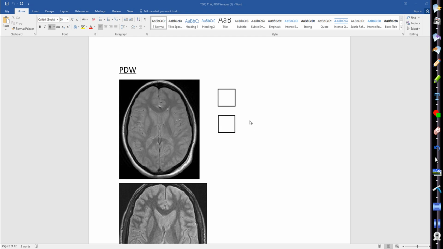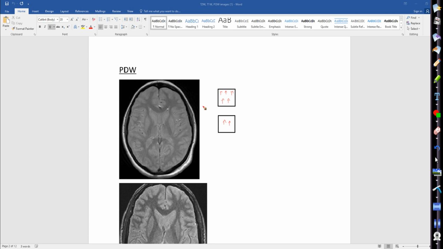So these are pixels, but just imagine they're voxels, three-dimensional. Okay, we have two areas in the brain, two different tissues, where one tissue has more hydrogen spins within that area of volume, or voxel.